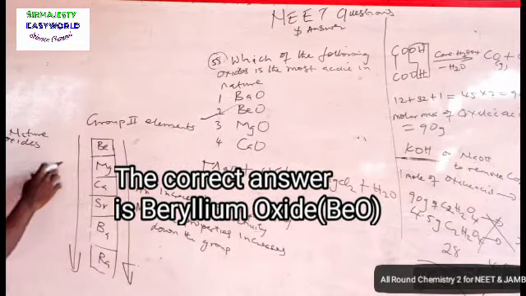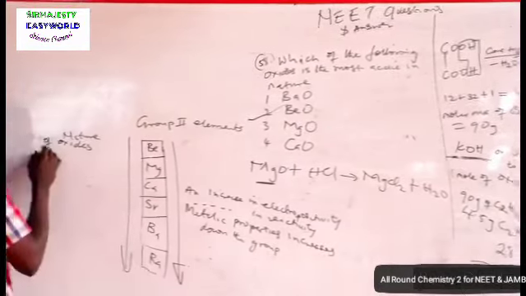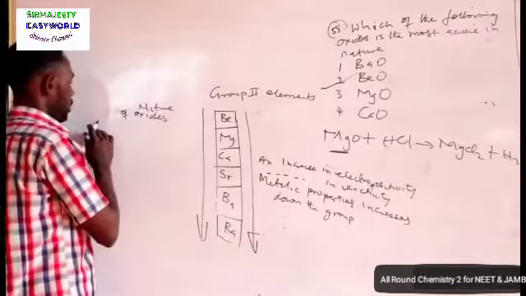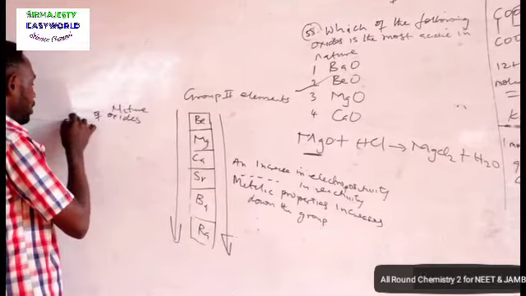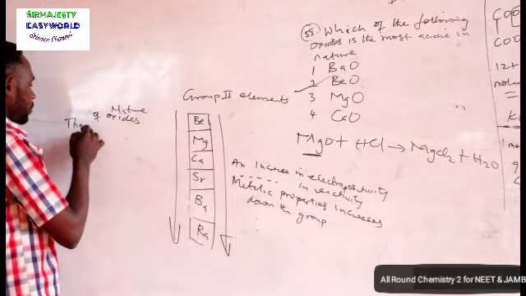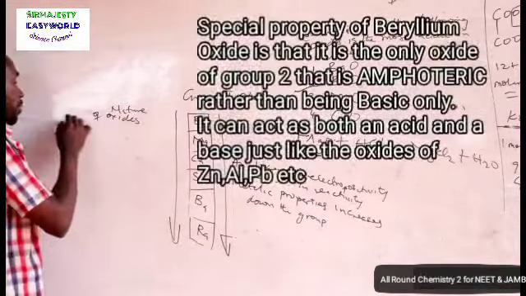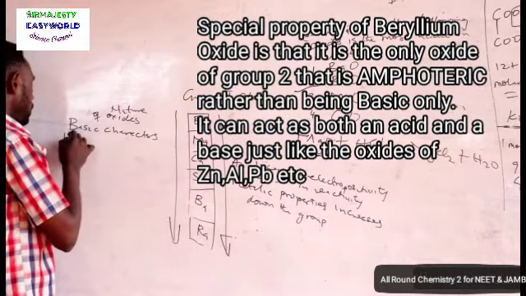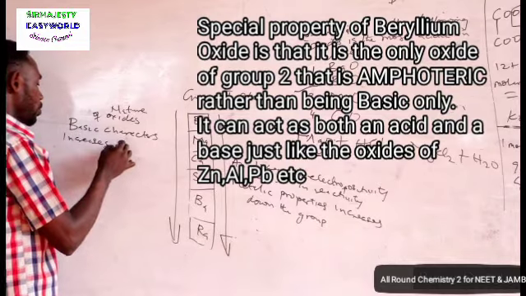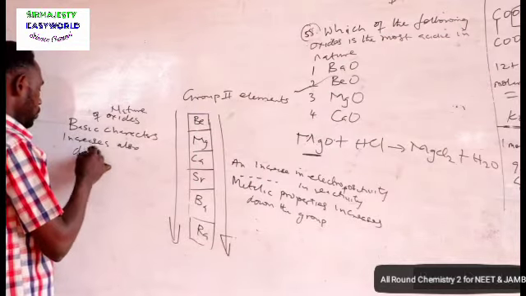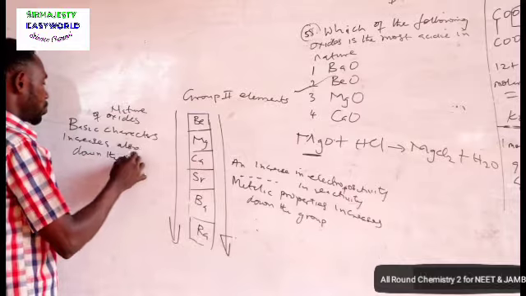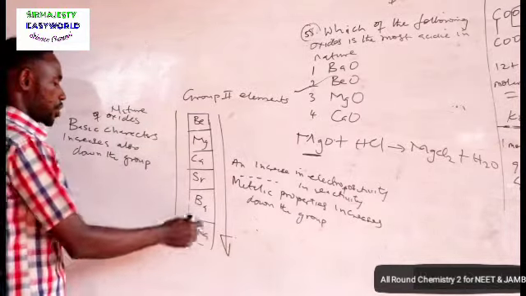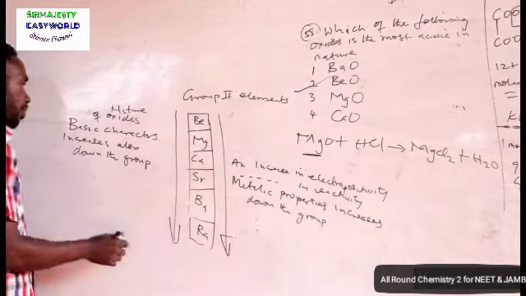The nature of their oxides: the basicity increases down the group, because radium is more metallic than barium. So the oxide of radium is more basic than that of barium.